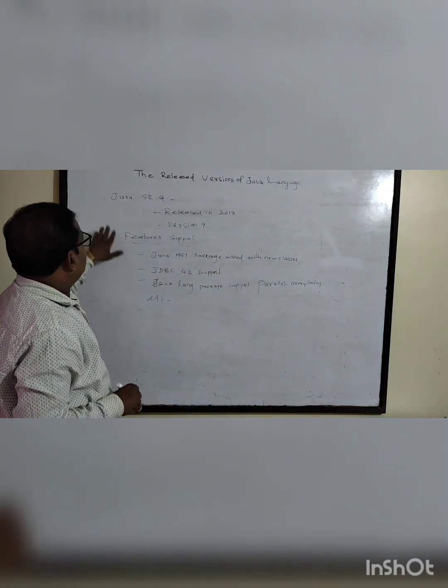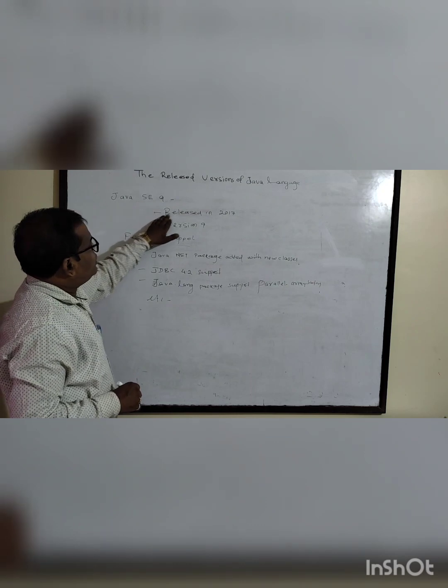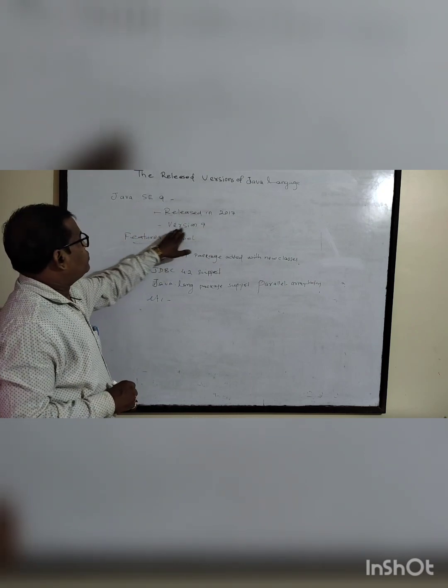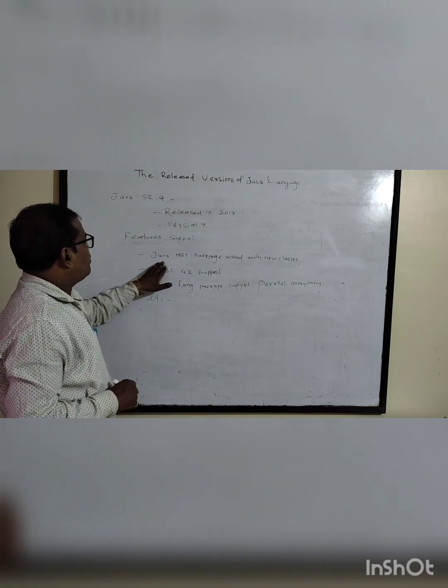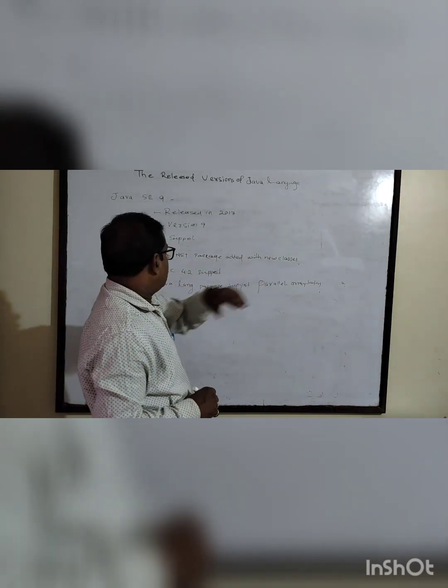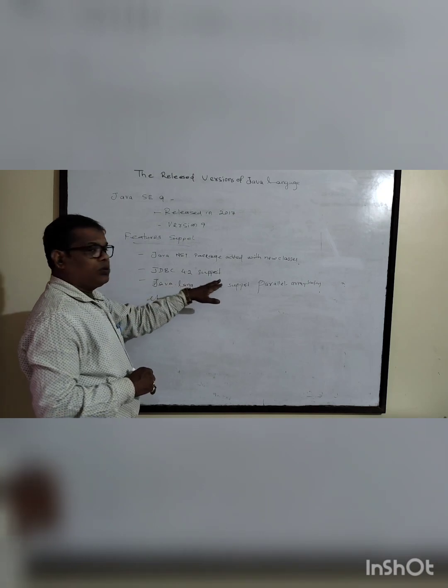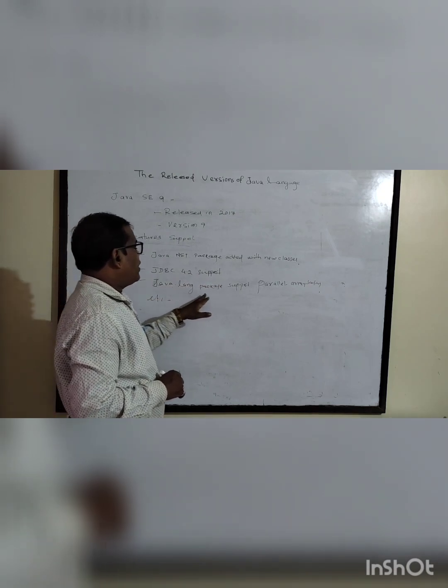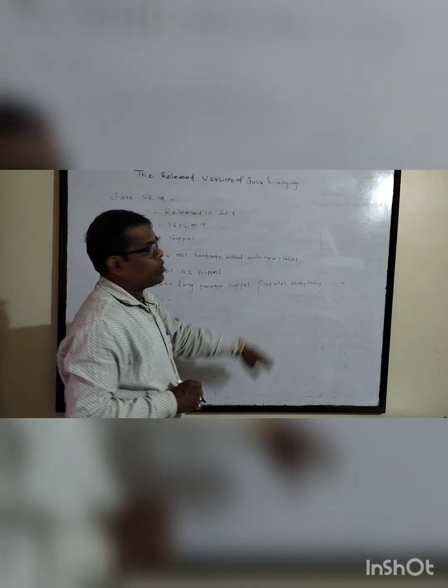Again I repeat, Java Standard Edition 9 was released in the year 2017, version 9. Features supported: the Java net package added with new classes, JDBC 4.2 support, and java.lang packages supporting parallel array sorting.